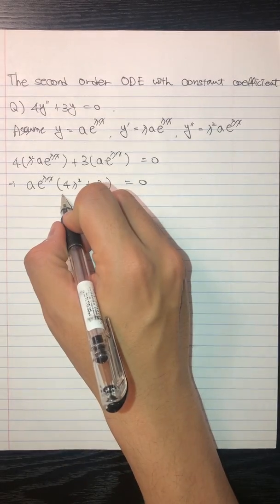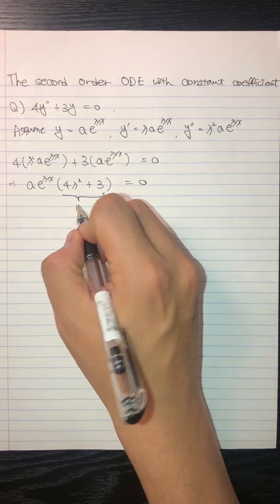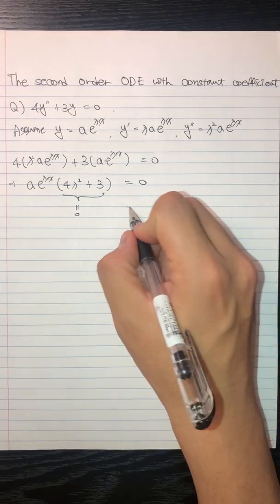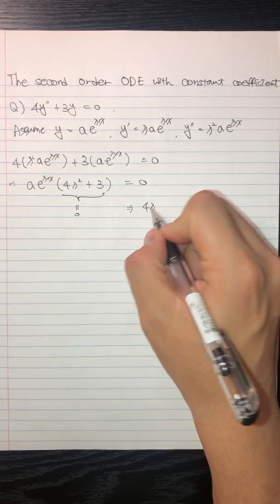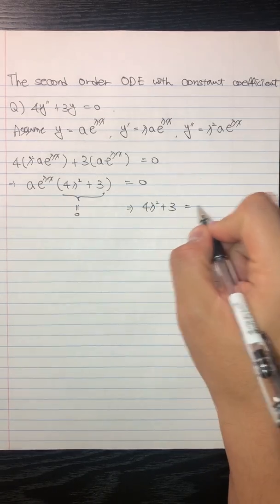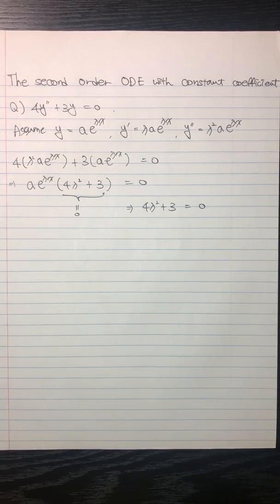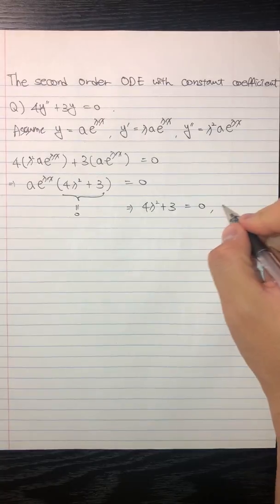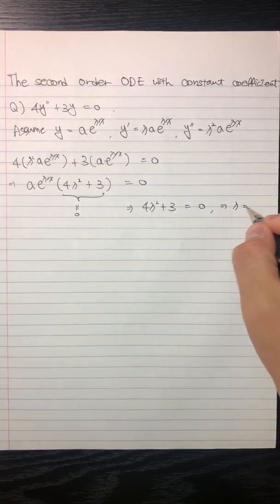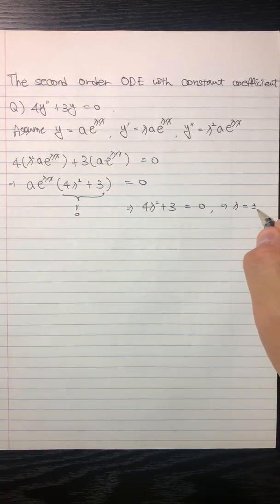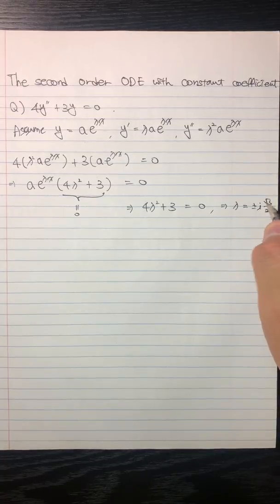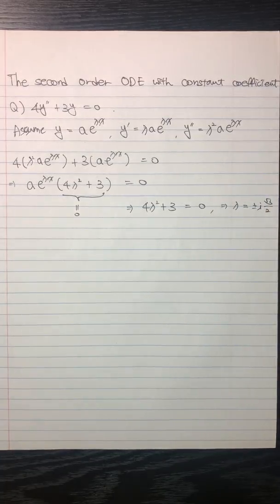So from here, this factor must equal 0, so 4λ² + 3 = 0, right? So λ equals plus or minus i square root 3 over 2.